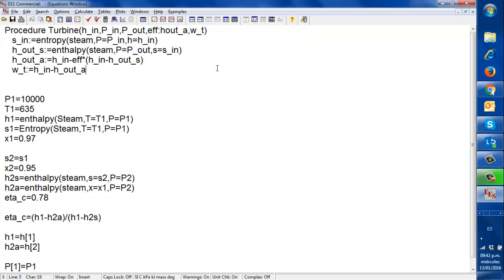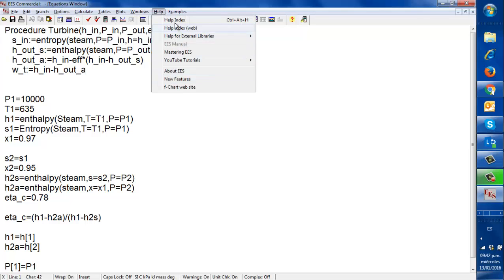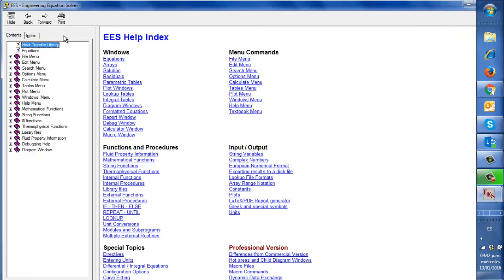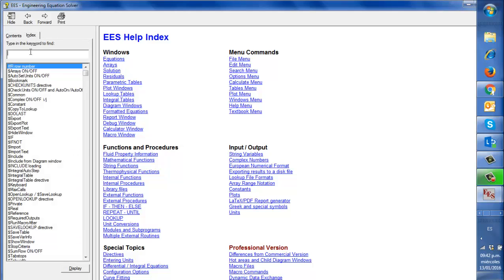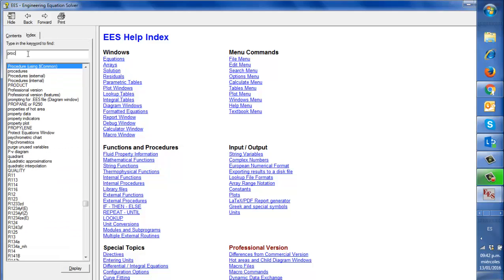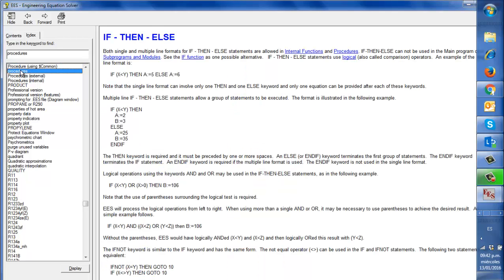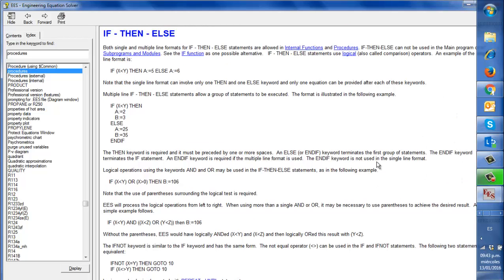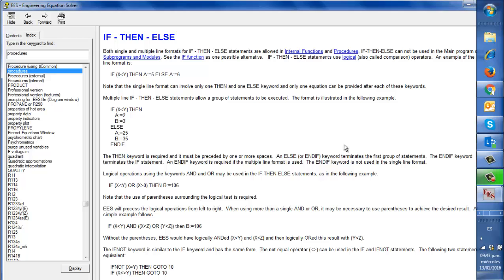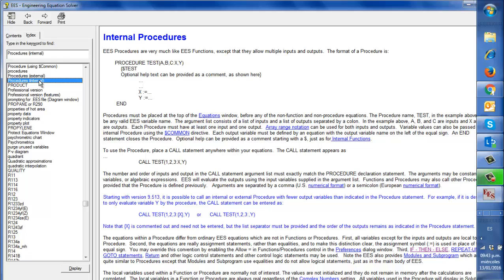But I can't remember how to finish a procedure, so I always have the help here, and I can call procedure. Okay, and I also always have something here that tells me about procedures.